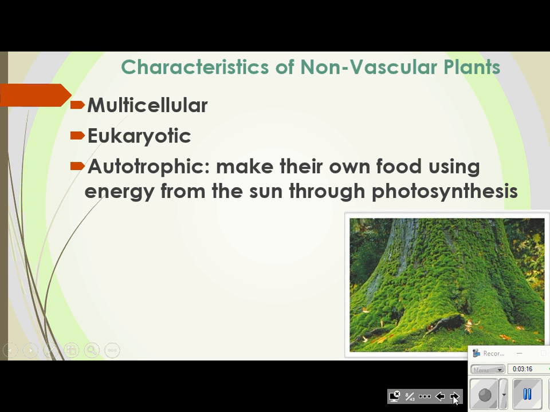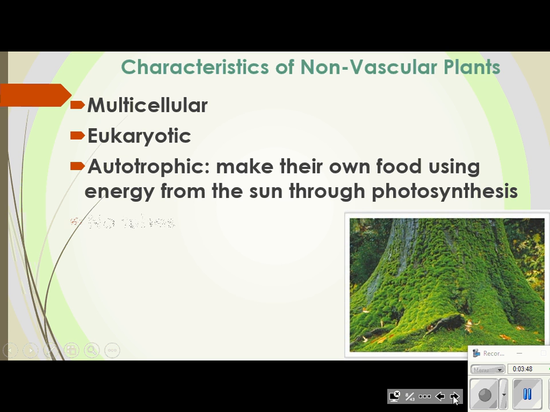What are the materials needed for photosynthesis besides sunlight? Carbon dioxide and water. Okay. See how much we know throughout the year? Just reviewing a little bit here. So, they are autotrophs.